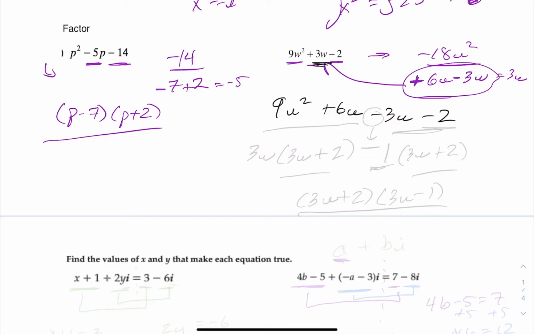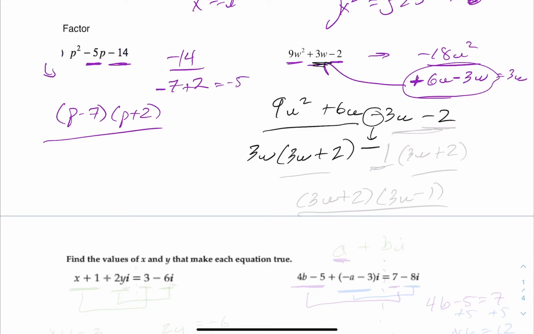Now we're going to factor by grouping. These have a 3w in common. I get 3w, not 2w, times 3w plus 2. Bring down the sign always.